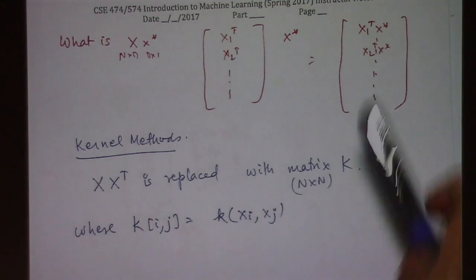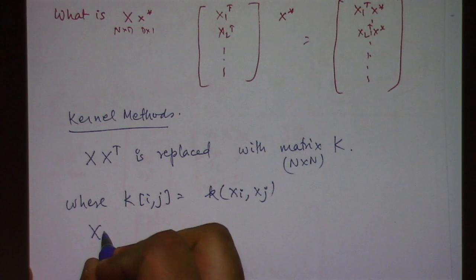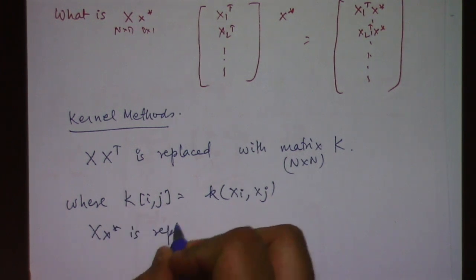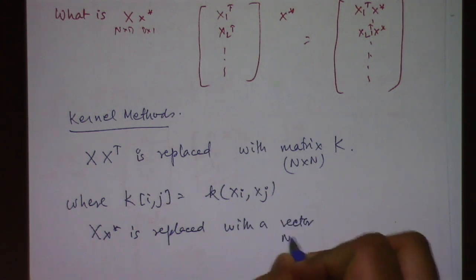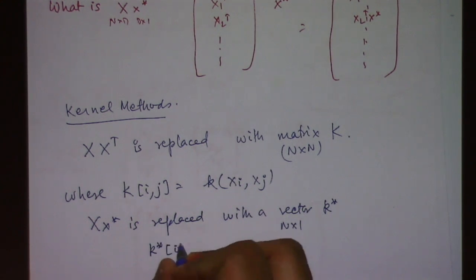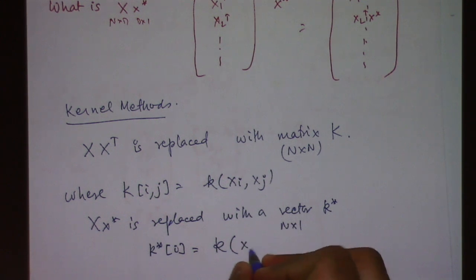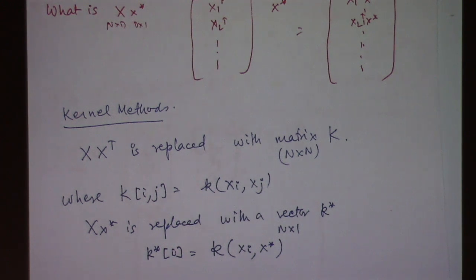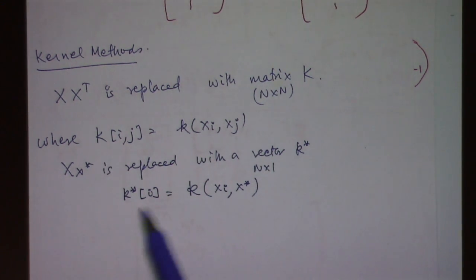Now, if I replace that with this kernel computation, this x star is replaced with a vector, let's call it k star, where k star of i is just the similarity function, the kernel function between xi and x star, right? So now we can do the whole linear regression without really needing x's. All you need are this K and this k star, right?